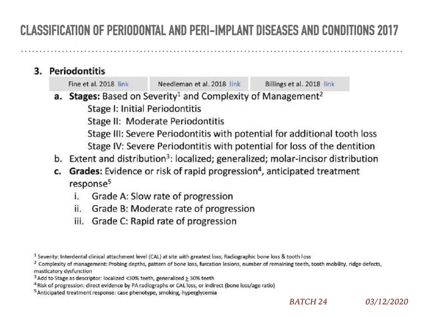Based on that, periodontitis has also been graded based on rapid progression and anticipated treatment response into grade A, B and C. Grade A has a low rate of progression, grade B has a moderate rate of progression and grade C has a rapid rate of progression. So all this chronic and aggressive periodontitis comes under this grading.